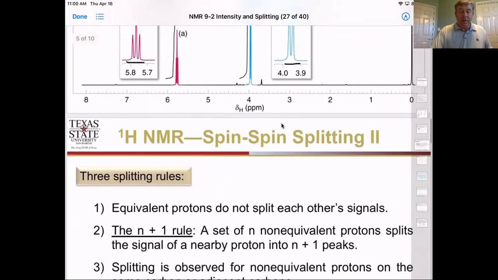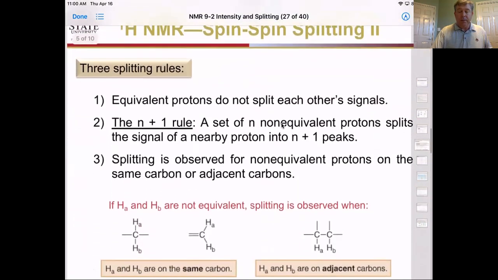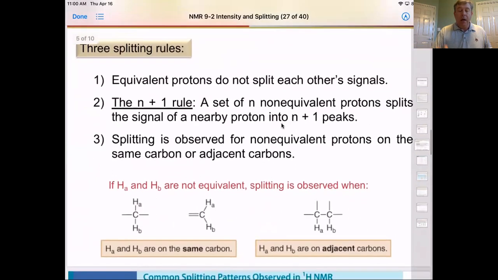So the thing we have to think about in our spin-spin splitting rules are that equivalent protons do not split each other's signal, okay? So if you're on the same carbon, you get 1 peak, okay? Then we have an n+1 rule, which means that non-equivalent protons split the signal of nearby protons by that many protons plus 1.